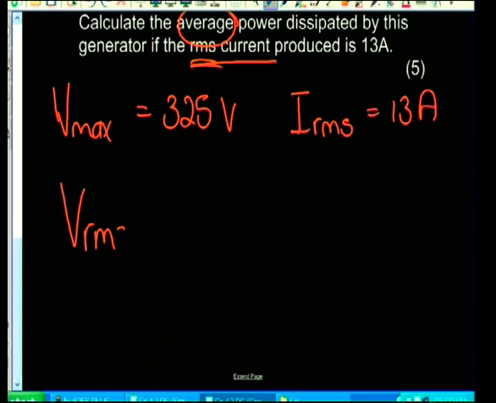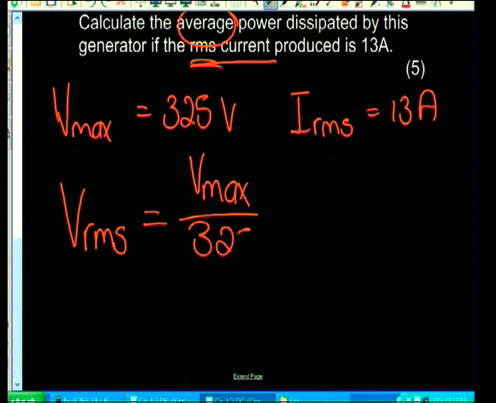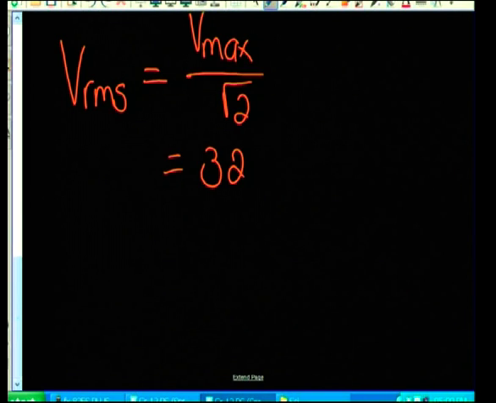So let's do that. VRMS is equal to Vmax divided by square root 2. Oh, no, what am I doing? Vmax divided by square root 2. So that's 325 divided by square root 2. So let's see what we get.